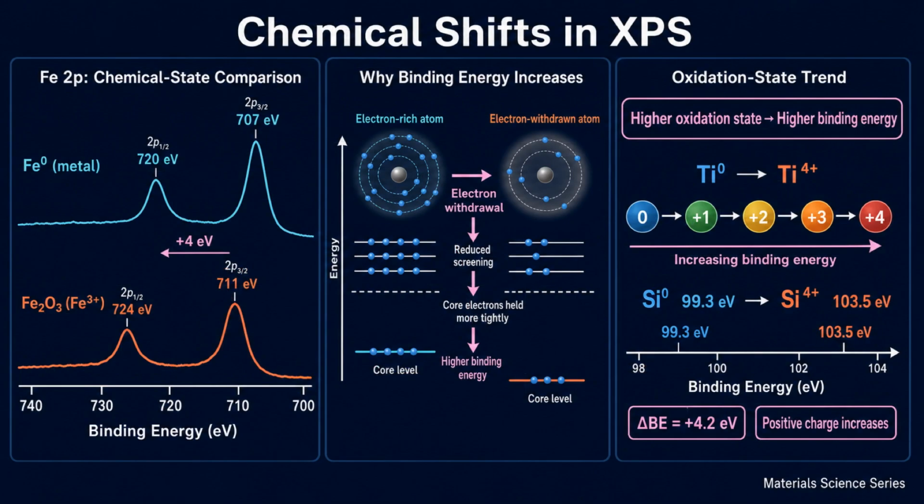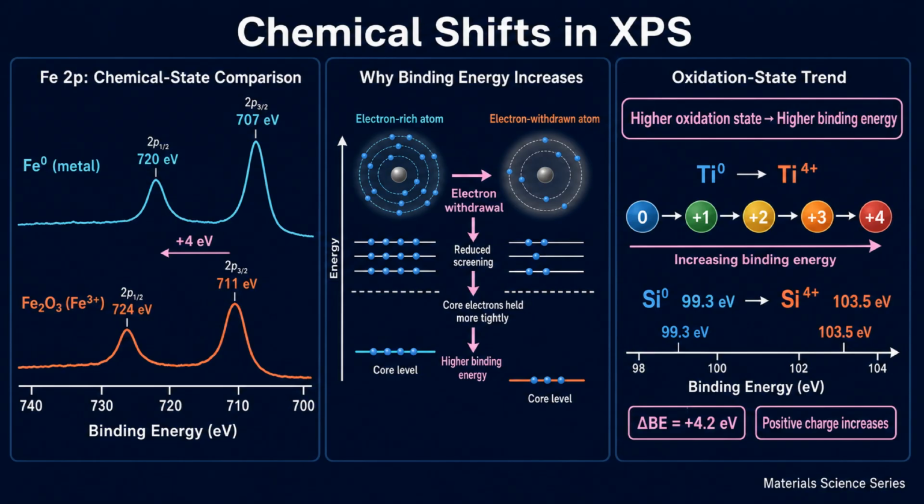Chemical shifts in XPS directly correlate with oxidation states. As electrons are withdrawn from an atom through bonding to electronegative elements or oxidation, the remaining core electrons experience increased nuclear attraction, raising their binding energy. The iron 2p spectrum beautifully illustrates this.